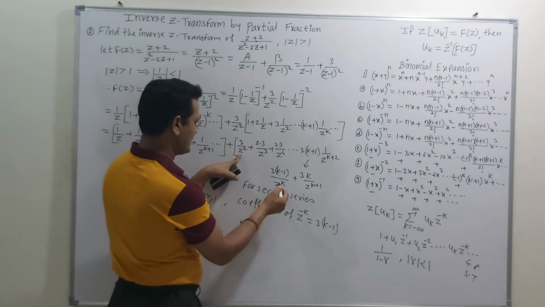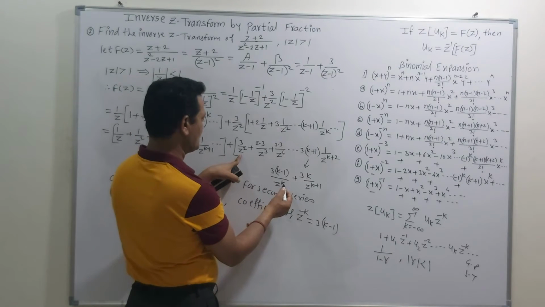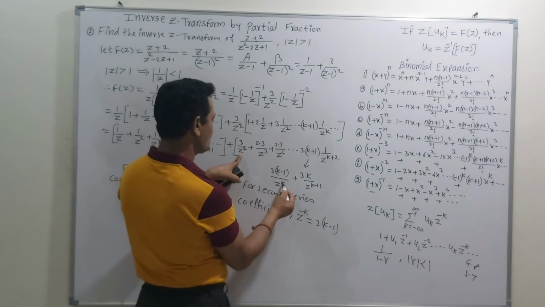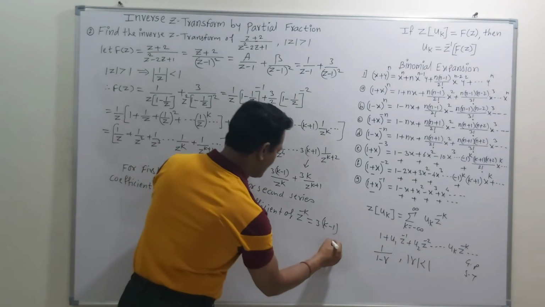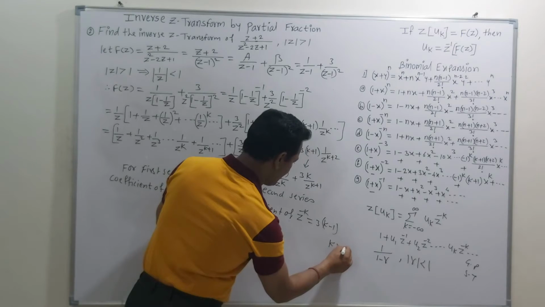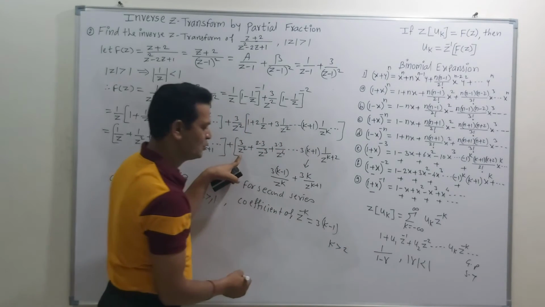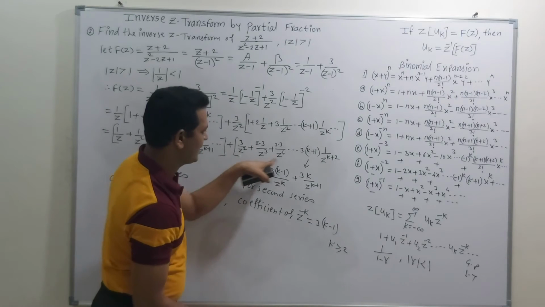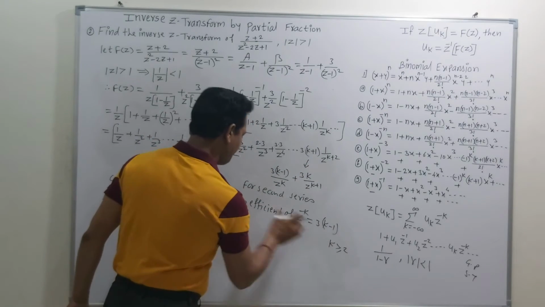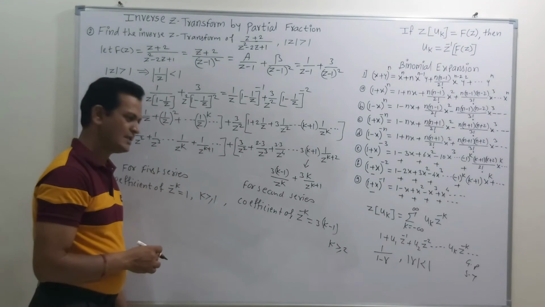We get the first term when k is equal to 2, then we get z raised to 2. That means here k starts from 2. So k is greater than or equal to 2. Then k is equal to 3 and so on. So this is the coefficient for z raised to k for the second series.